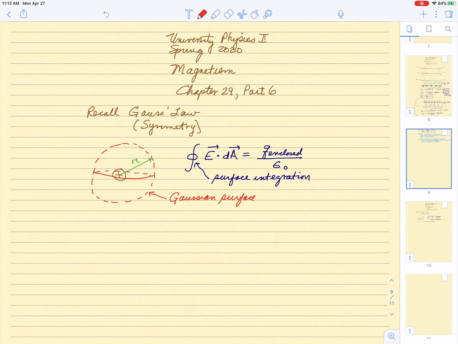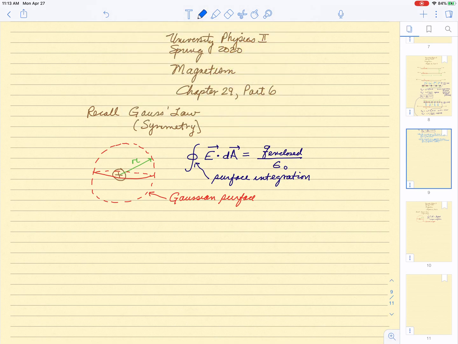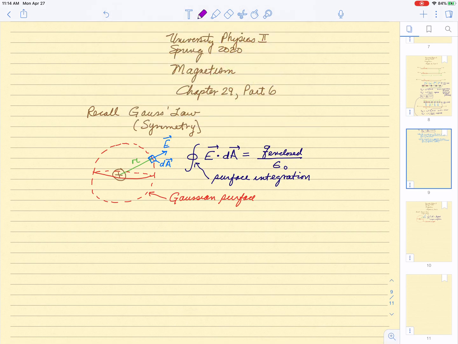of radius r. R is where you want to know the electric field, and you will recall that the electric field in the little patch of area here, dA, and the vector on dA was also in that direction.